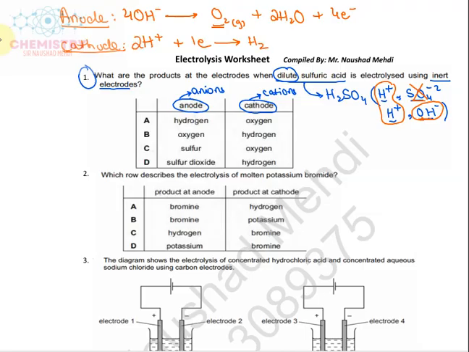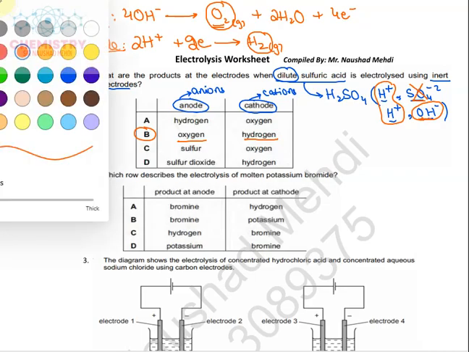So you need two H+ ions and they gain 2 electrons to form hydrogen gas. So at the cathode you get hydrogen gas, and at the anode you get oxygen gas. So at the anode you are getting oxygen and at the cathode we are getting hydrogen gas. So option B is the correct answer.